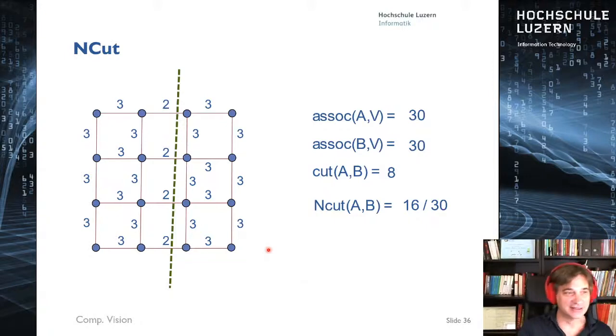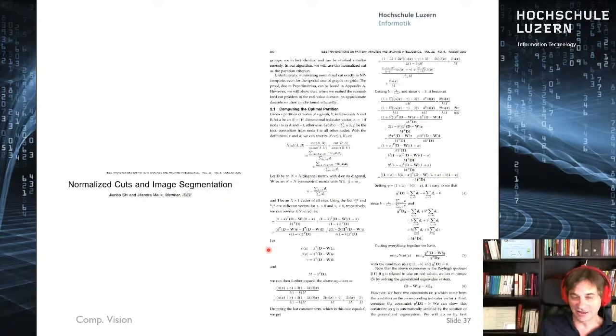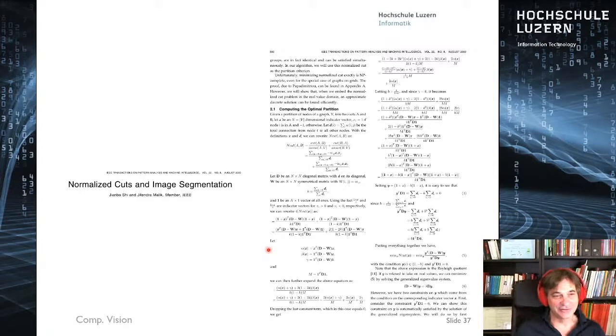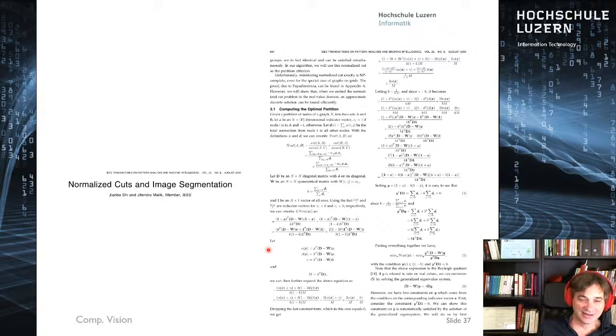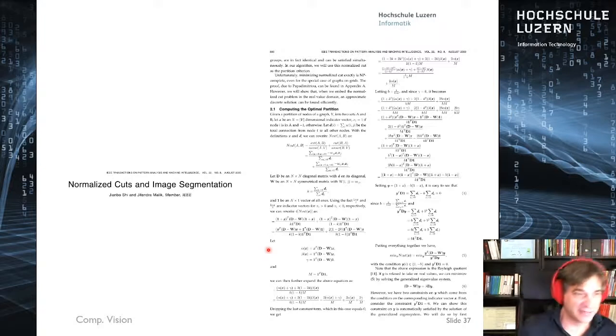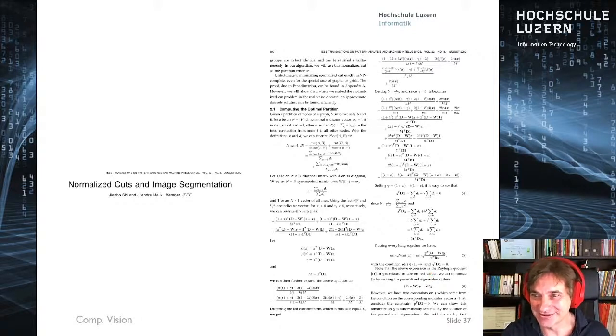Okay, so we have a large graph, and now we have to calculate the optimal cut between all of them, which, as can be seen, can be derived here. Okay, we will not look at this derivation.